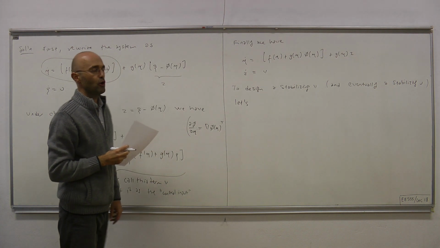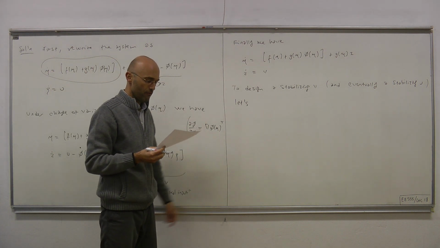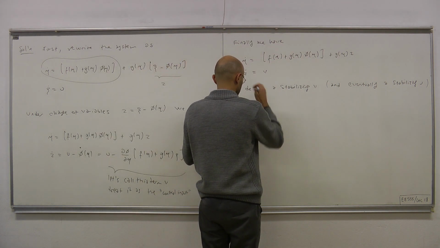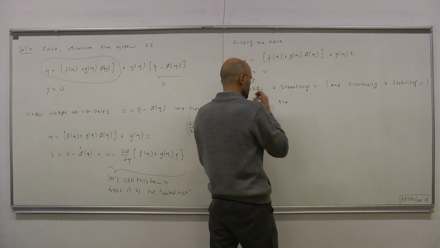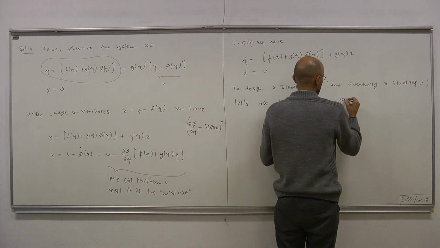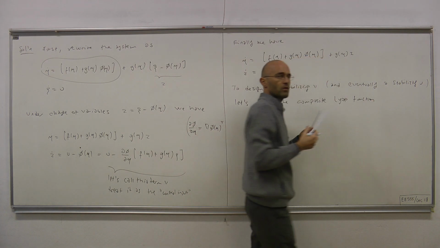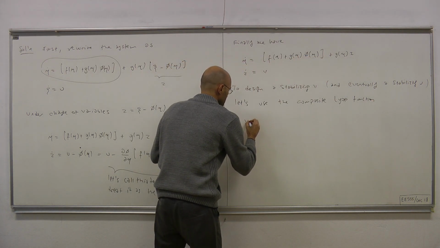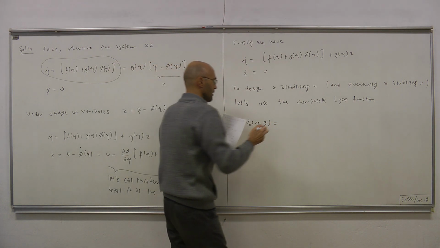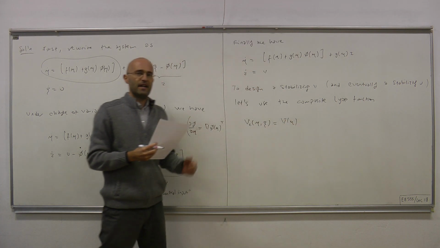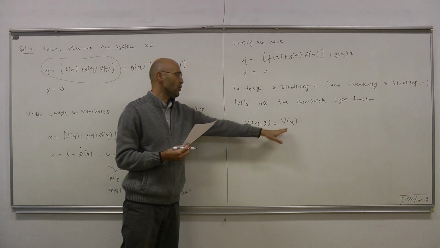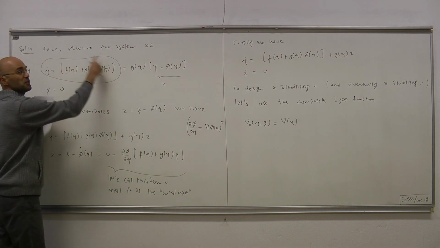We can use Lyapunov's theorem. For that, we require a Lyapunov function. And how we're going to construct the Lyapunov function is as follows. Let's use the so-called composite Lyapunov function. Okay. Which is Vc of eta, psi equals V of eta. This Lyapunov function is a Lyapunov function for the eta subsystem, and we know that it works for this autonomous system.